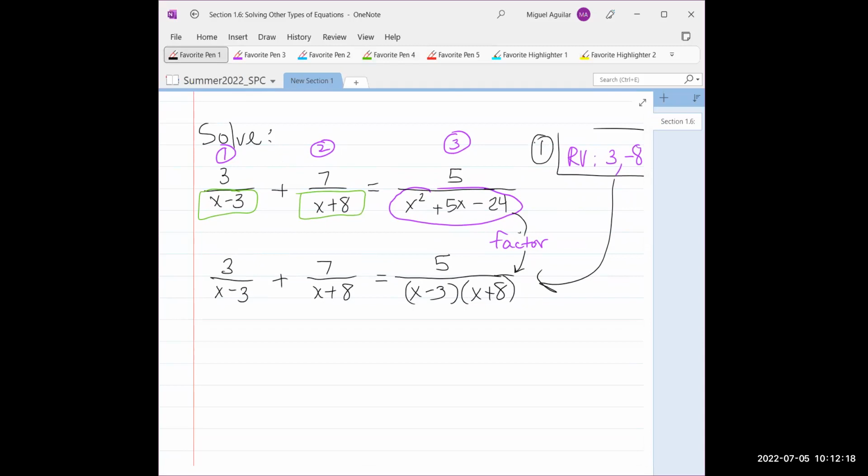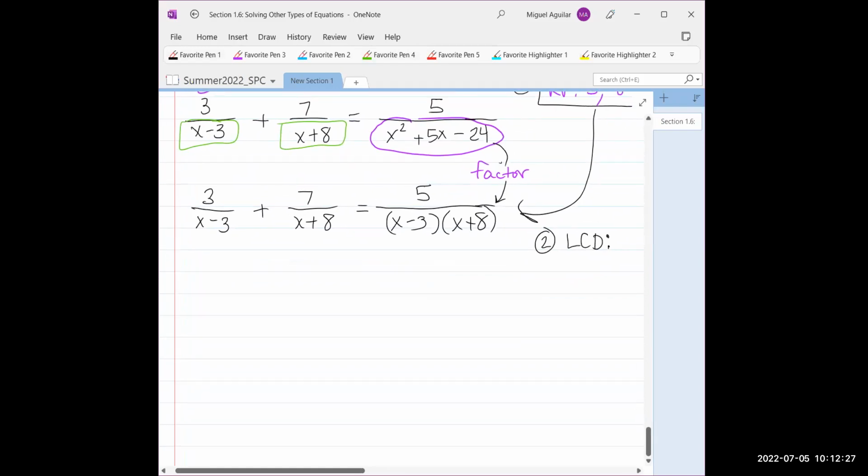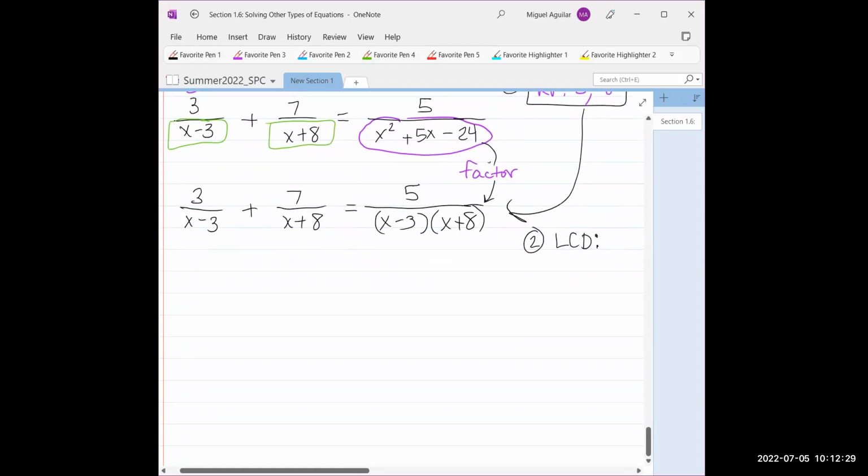The next step is to find the LCD, the least common denominator. To do that, we just need to put the denominators together. So we have an x minus 3 over here, we have an x plus 8 over here, and then we already have x minus 3 and x plus 8, so we don't have to copy those another time.